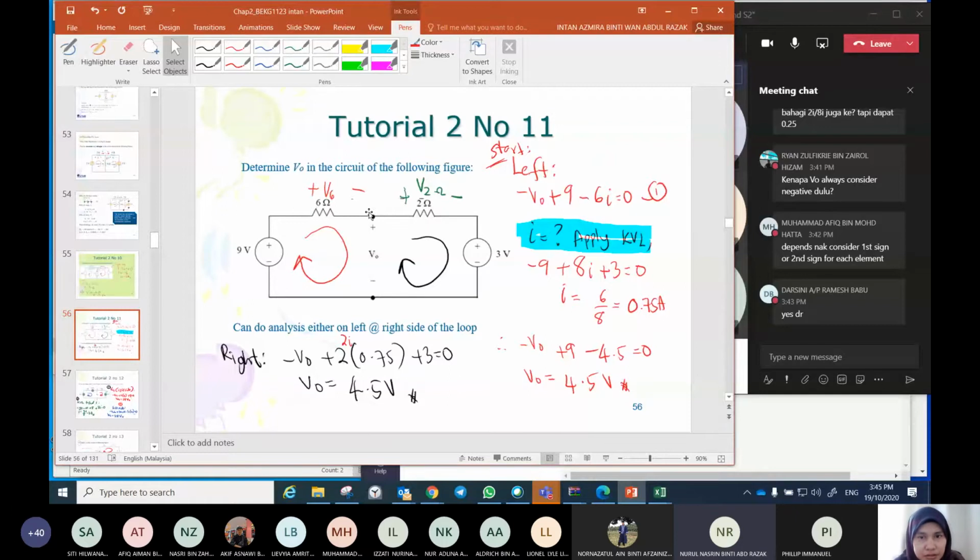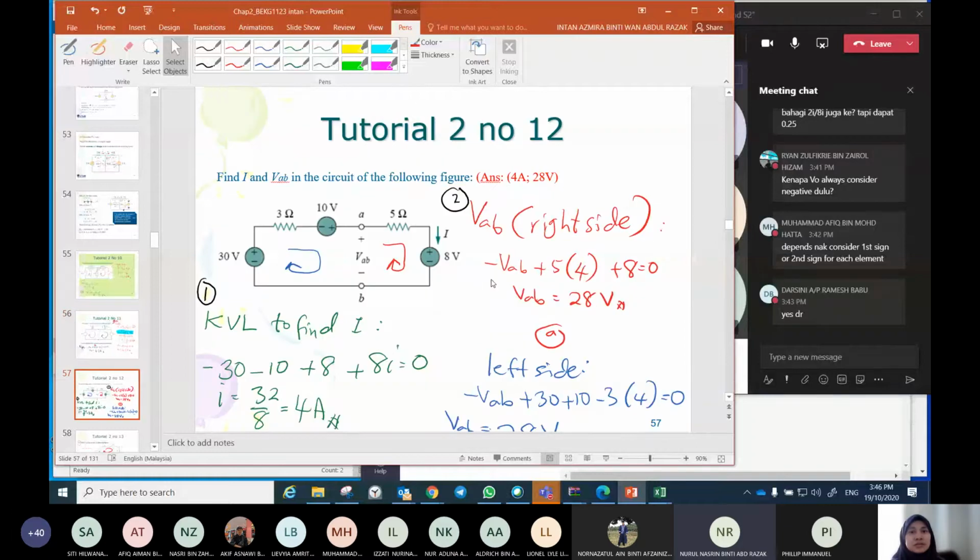Okay. You want to find what? Find the I first. Okay, you want to find I, and then repeat your equation. Oh, I understand. I just misread. Sorry, doctor. Okay, never mind. So this is the next slide.